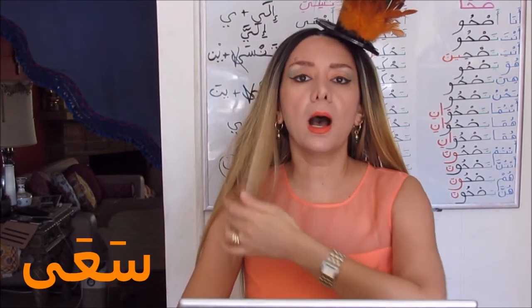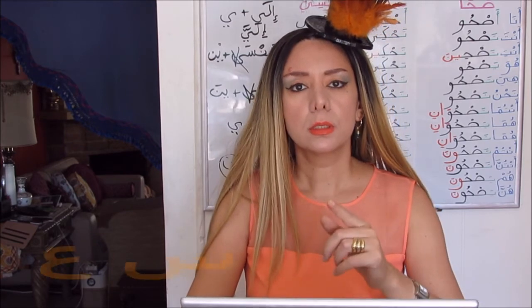The most common of them is the verb سعى, يسعى, to strive, to attempt, from the root sin, عين, ya. You will come across رعى, يرعى, the imperfect, from the root ra, عين, ya.